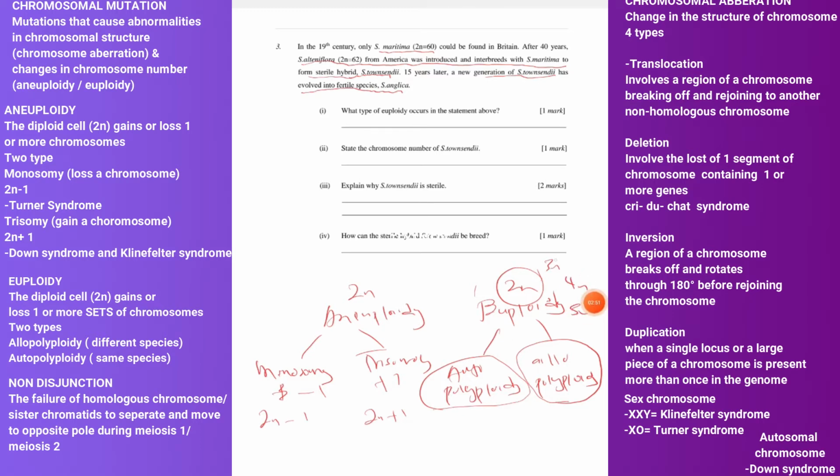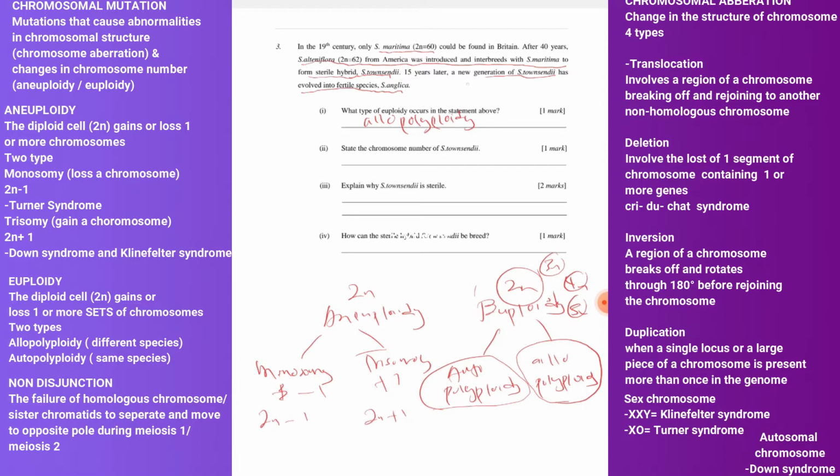It is very rare in animals and only occurs in plant cells. In this question, S. alterniflora and S. maritima interbreed with each other, so this type of euploidy is allopolyploidy because it involves different species.